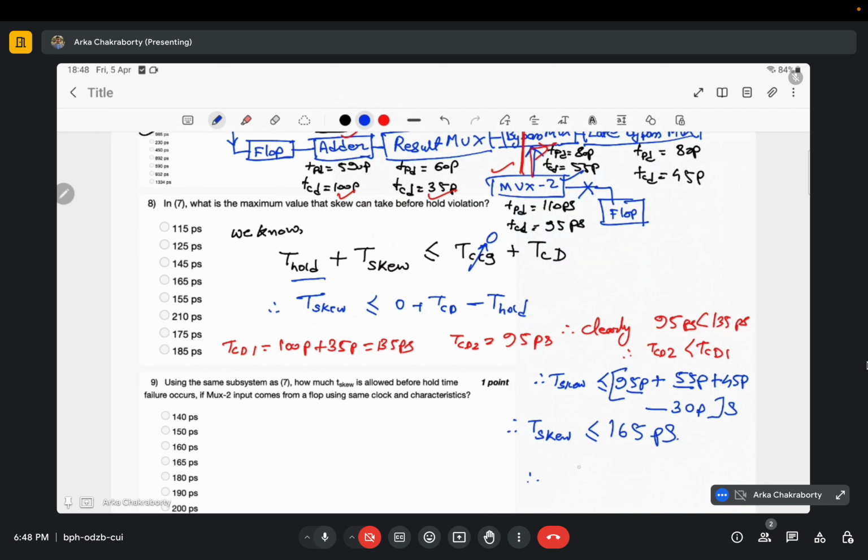Therefore T skew maximum is 165 picosecond. Clear, everyone?